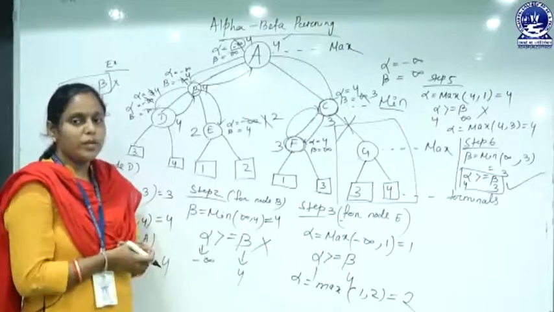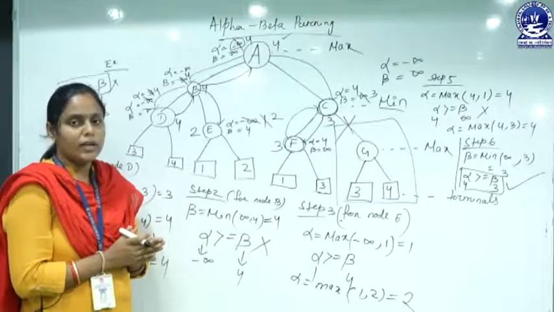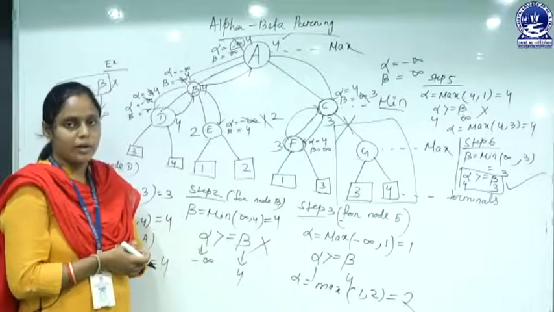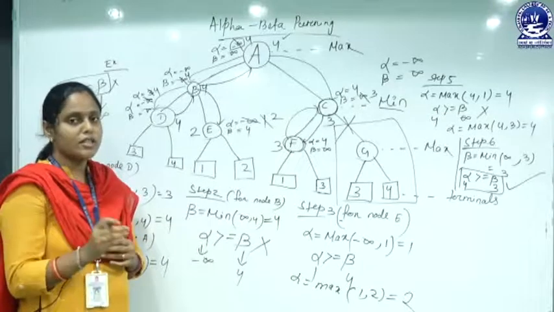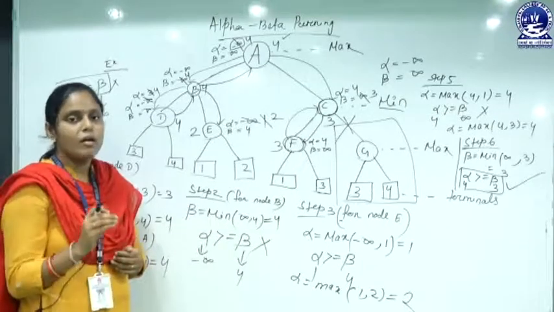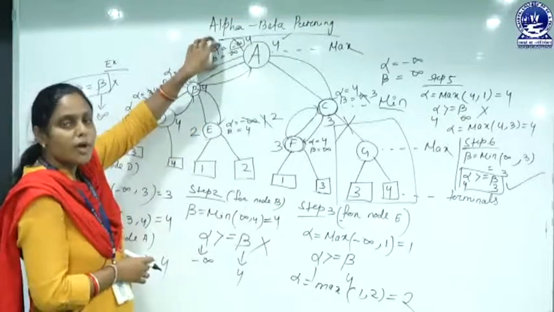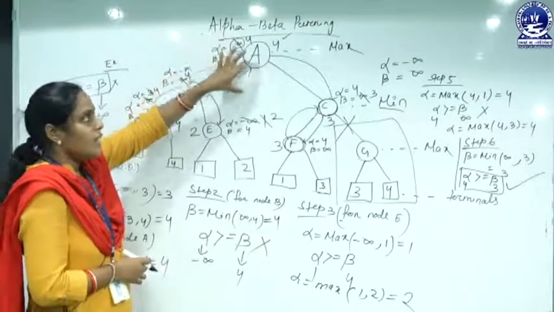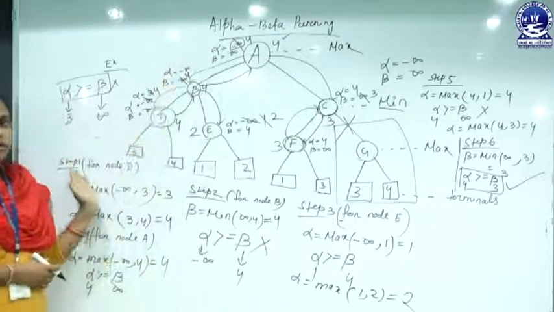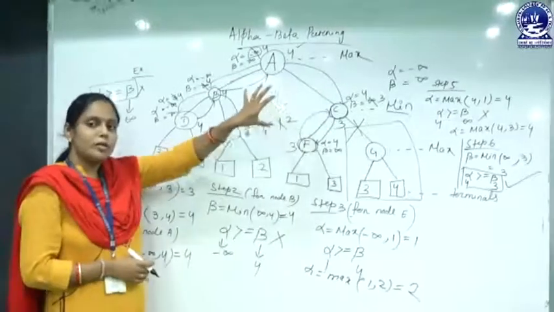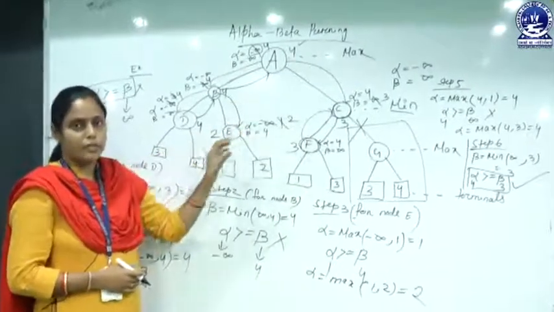Always remember that in alpha beta pruning, first of all you have to initialize the alpha beta value, that alpha is minus infinity and beta is plus infinity. After initializing this initial value of alpha beta, then you go to the depth of the tree, because this algorithm also follows the DFS, depth first search.